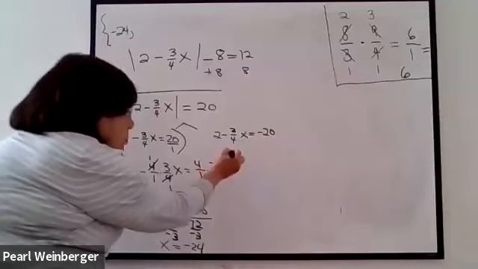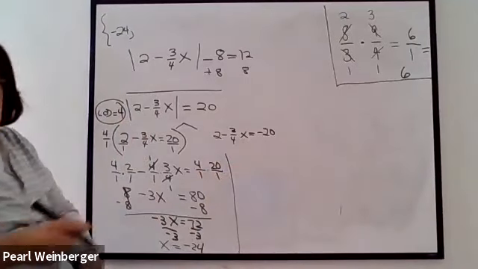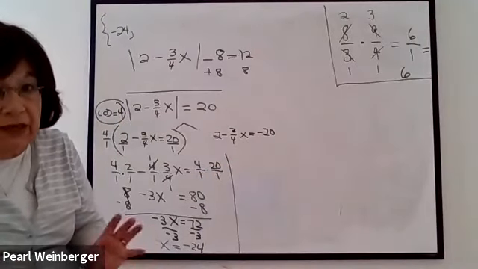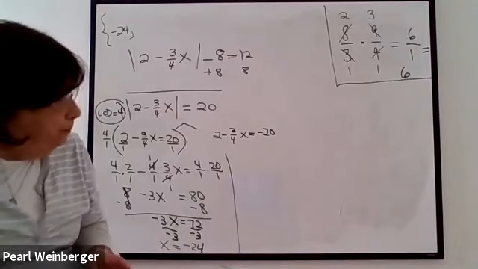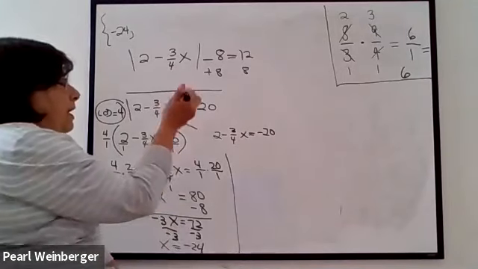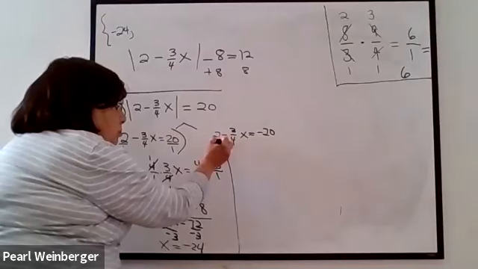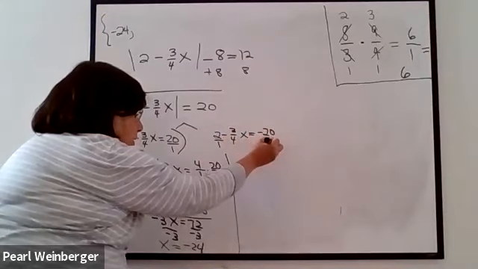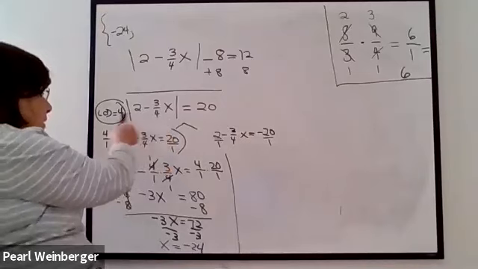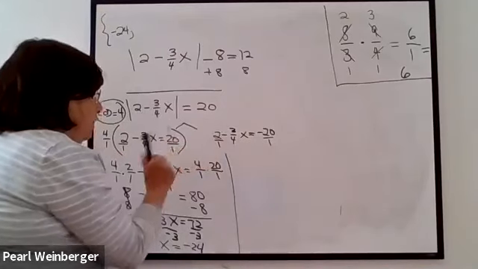When I go to do the other one, it's going to be almost the identical steps. Again, I'm going to put these whole numbers over 1. And whatever common denominator worked over here, it'll work over here as well.